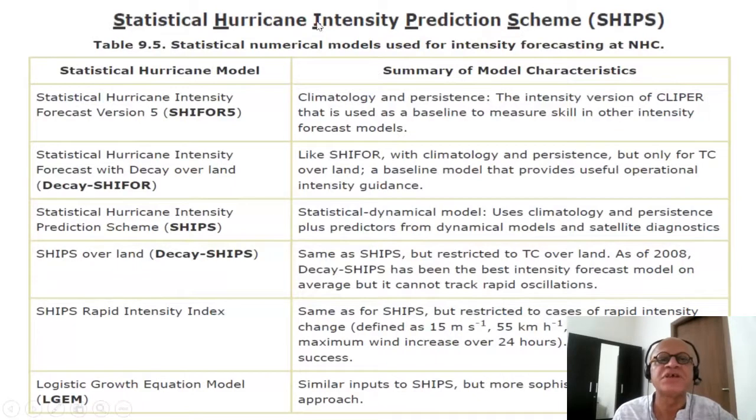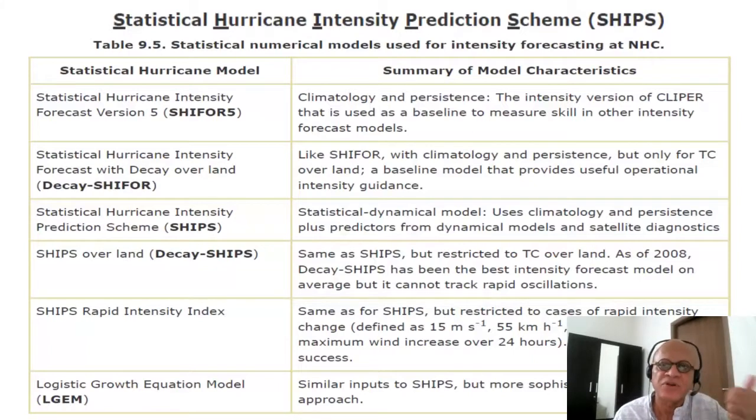Nonetheless, SHIFOR, the Statistical Hurricane Intensity Forecast, is used at the National Hurricane Center. So here it is, SHIFOR5. It uses climatology and persistence, the intensity version of CLIPER that is used as a baseline to measure skill in the intensity forecast models.